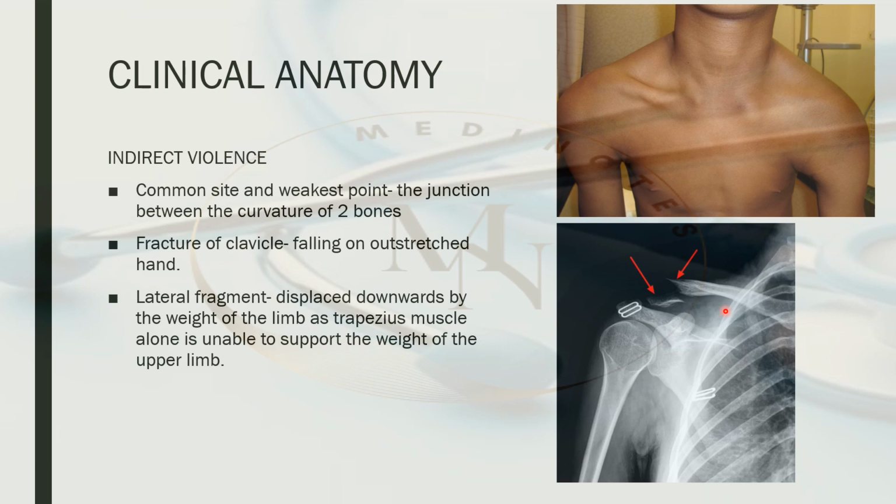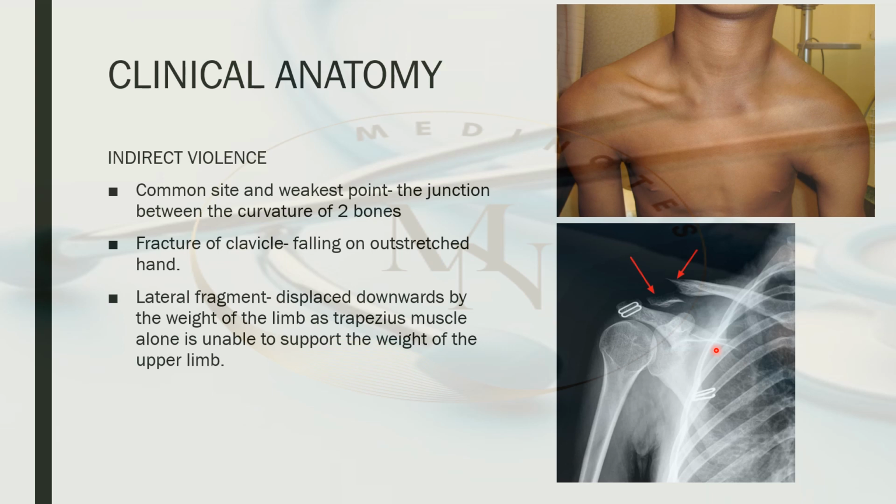This sort of fracture occurs when an individual falls on an outstretched hand, because the junction between the two curvatures of this bone is the weakest point, and that's why it is the most common site for the fracture to occur.